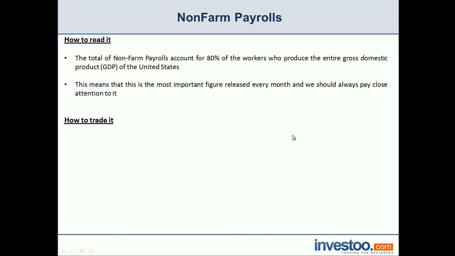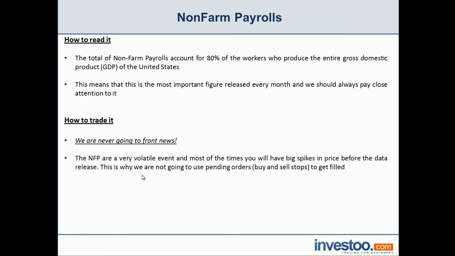Now, how to trade the NFPs? First of all, we are never going to front trade news. You already know this. We wait for the news to be released, and then we trade it. The NFPs are a very volatile event, and most of the times you will have big spikes in price before the data release. This is why we're not going to use pending orders or buy and sell stops to get filled, okay?